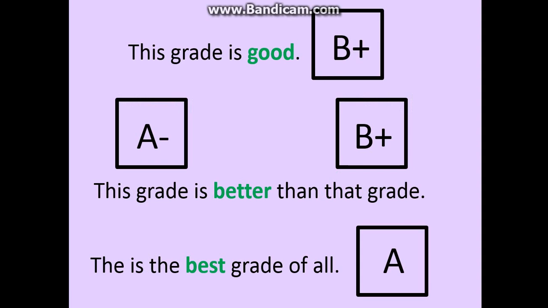And when we want to compare more than two things, A is the best grade of all, A is the best grade of A minus and B plus, and we say best, not goodest.